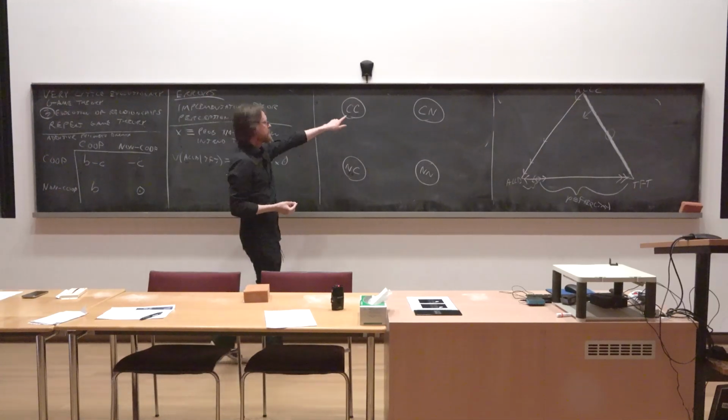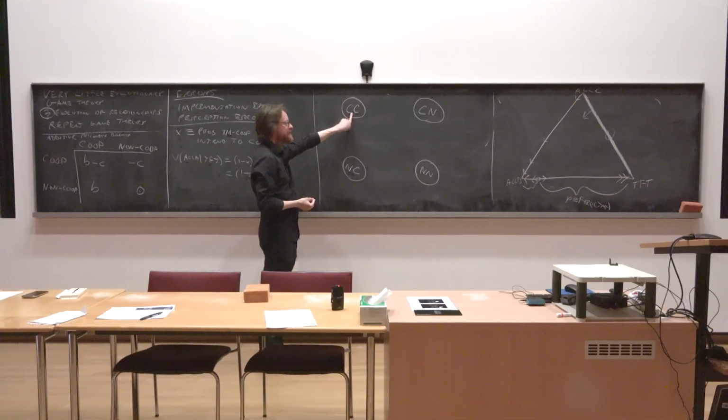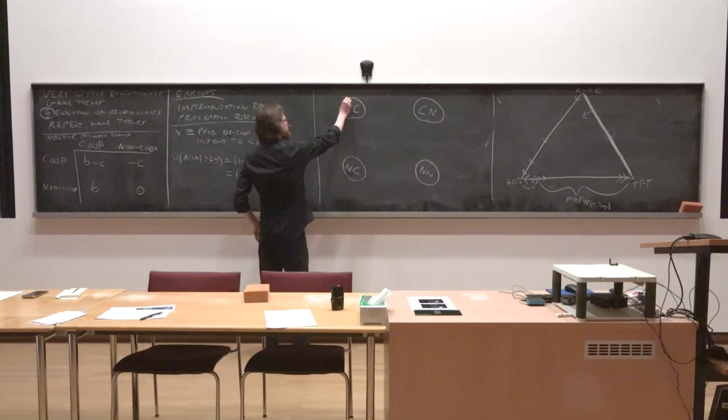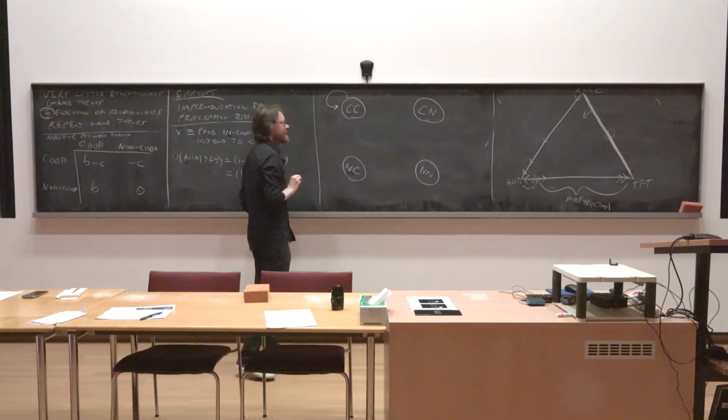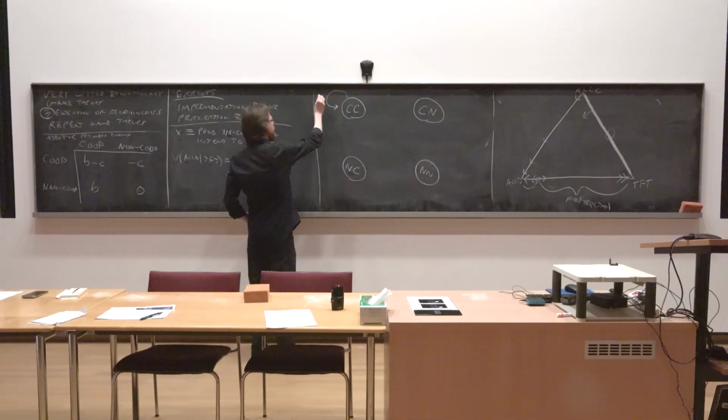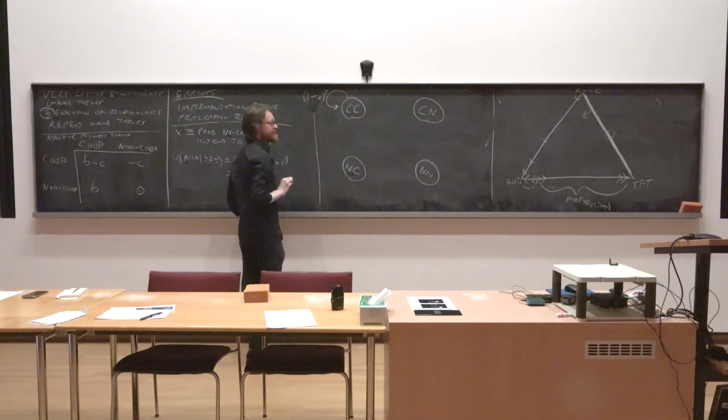So you come into this node, you both have intentions to cooperate, but then different things can happen. The first thing that can happen, the best thing probably from your perspective, is that you get to come right back to this state, and that'll happen if neither one of you makes an error, which happens with probability 1 minus x squared.